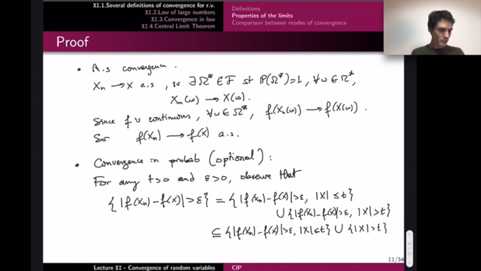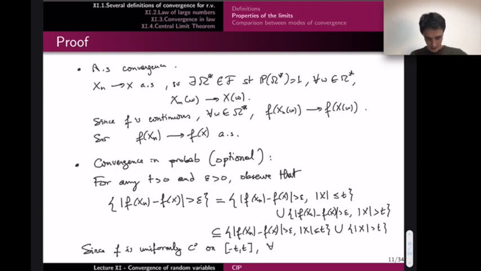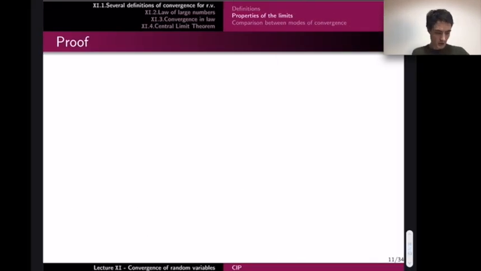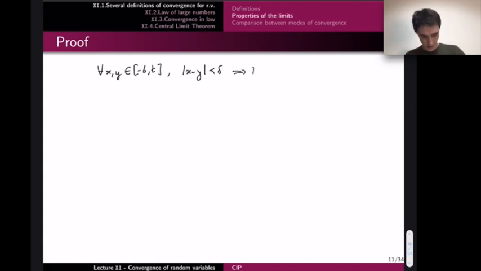So since f is uniformly continuous on the interval [-t, t], then for any epsilon positive there exists delta positive such that for any x and y in [-t, t], if |x - y| is smaller than delta, I'm only writing the uniform continuity, this implies that |f(x) - f(y)| is smaller than epsilon.